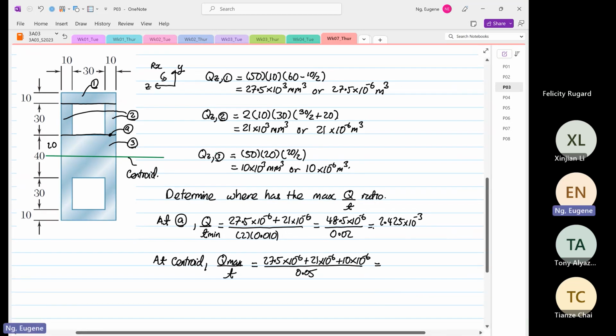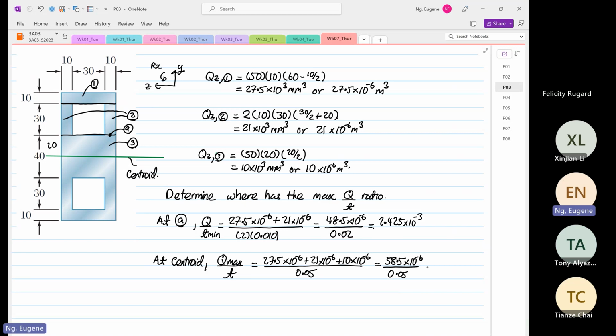So this is 58.5 times 10 to the power minus 6 divided by 0.05.